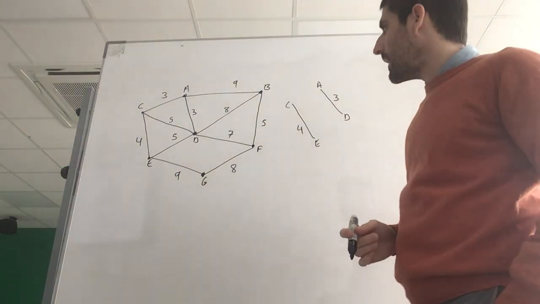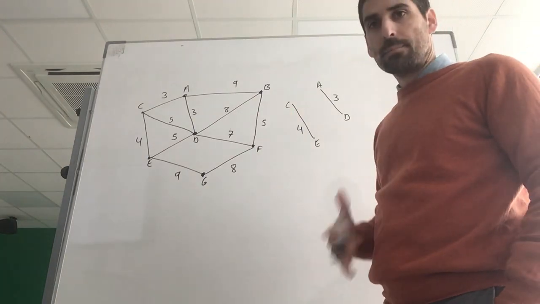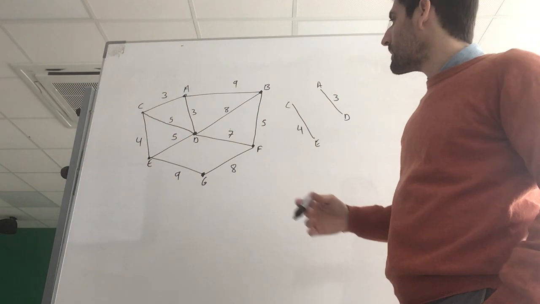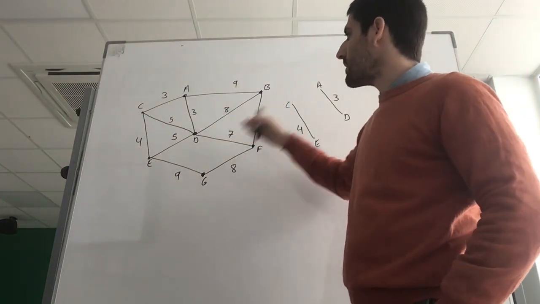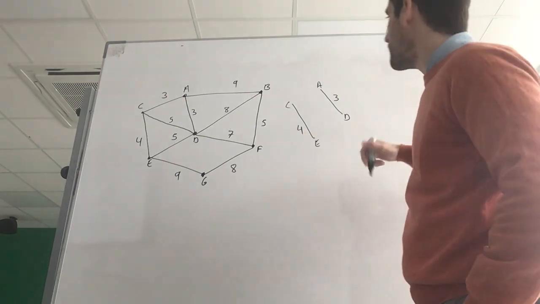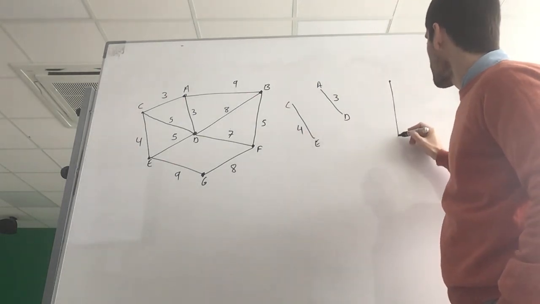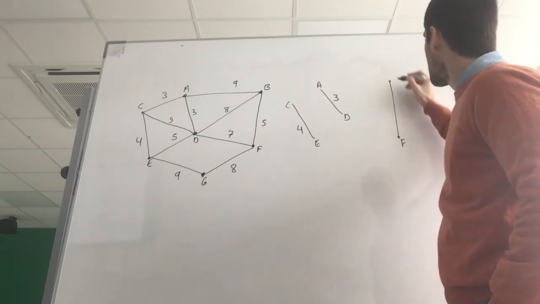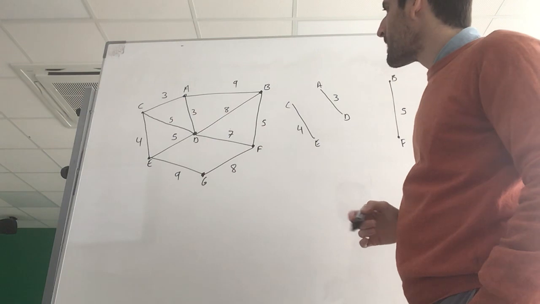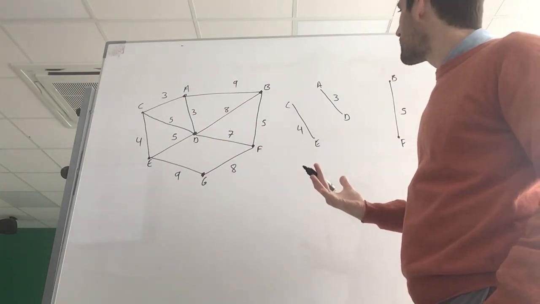Then I need to pick one of the 5s, because that's the next least weight, and I could pick any of these 3 because they are connecting nodes. I'm just going to go with BF for a weight of 5, and then I'm going to choose.